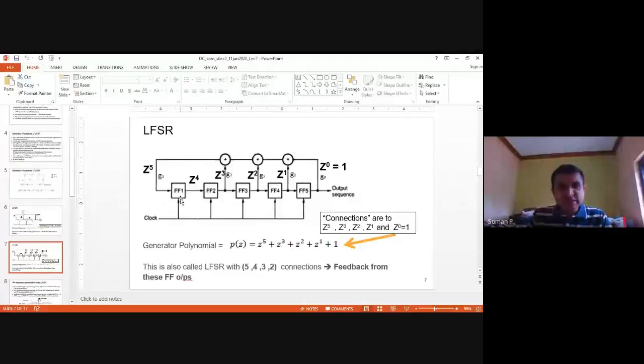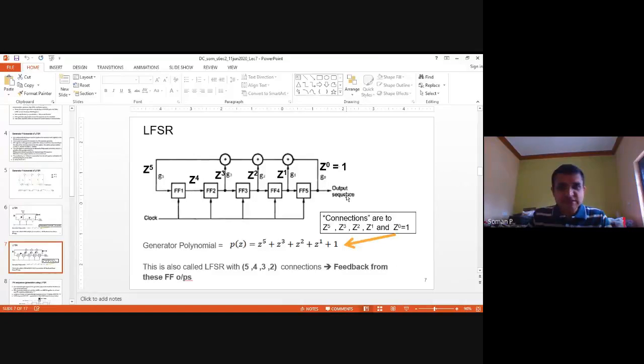Generally, it will be edge triggered. During the positive edge or negative edge of the clock, the flip-flop 1 transfers the data from input to output and then keeps quiet. And these plus signs are XOR gates, or we call it modulo 2 addition. So this is an example of an LFSR, and this output sequence will be a pseudo random sequence.